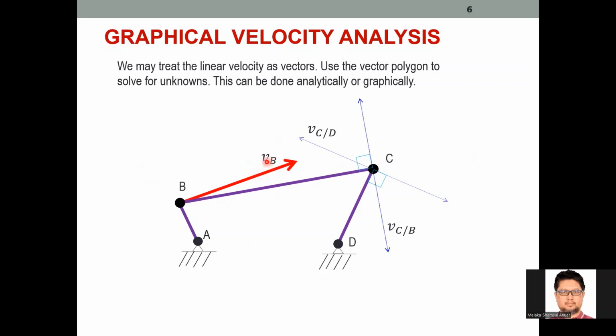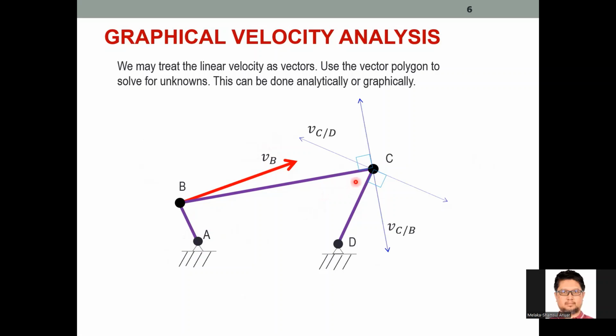Maybe if not, maybe something that you can find out. Maybe the given input is the angular speed of AB, and then we can calculate what VB is. So this is solvable. You can consider this as the input. You should know what VB is.